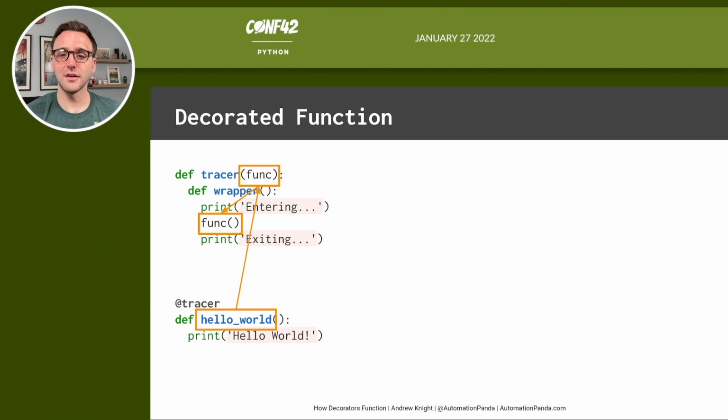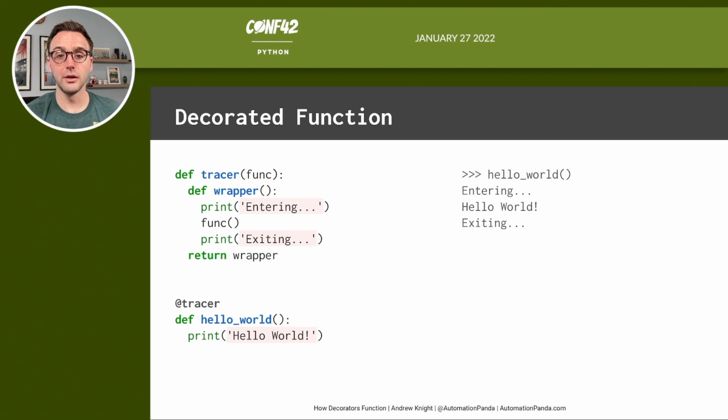When tracer decorates hello world, that means hello world will be wrapped by entering and exiting print statements. Finally, the decorator returns the new wrapper function. Anytime the decorated function is called, it will effectively be replaced by this new wrapper function. So, when we call hello world, the trace statements are now printed. Wow, that's amazing. That's how decorators work.